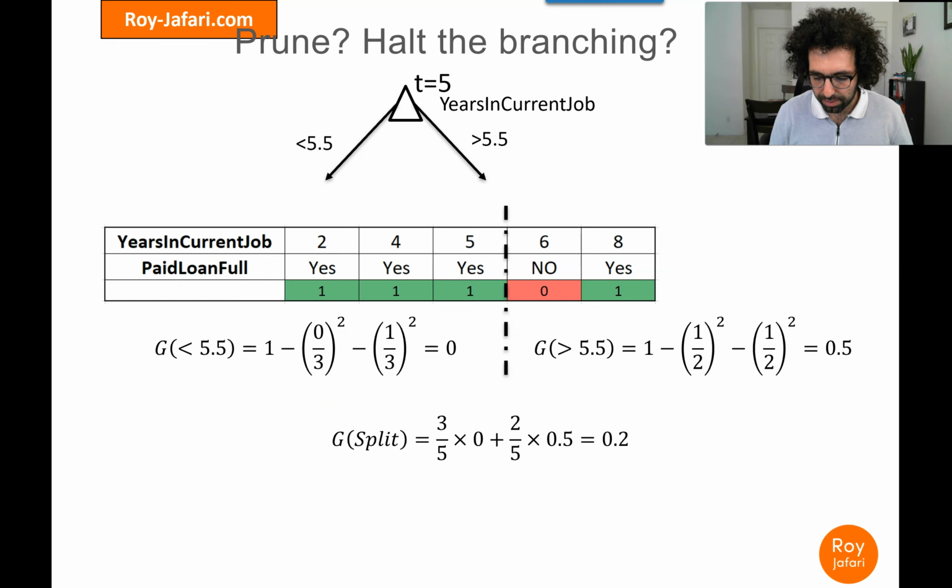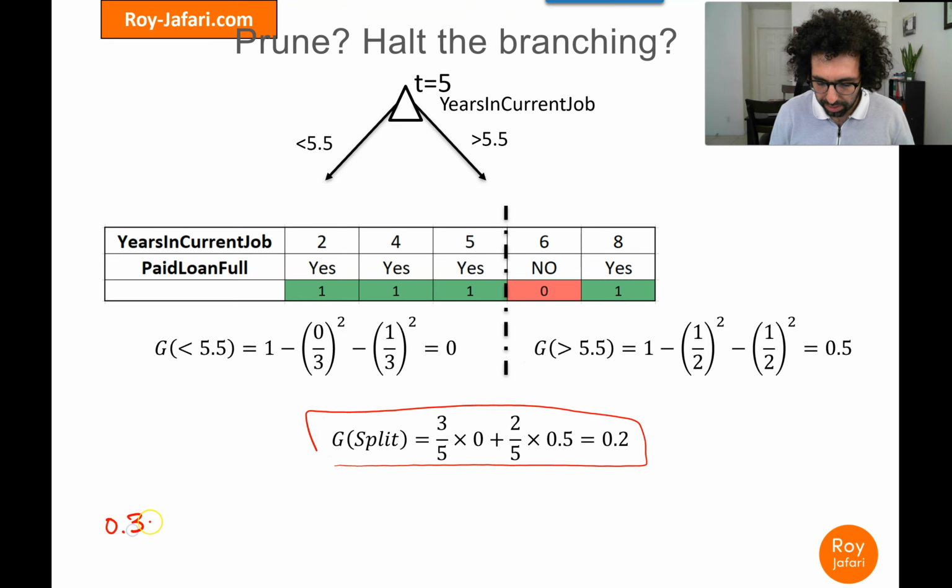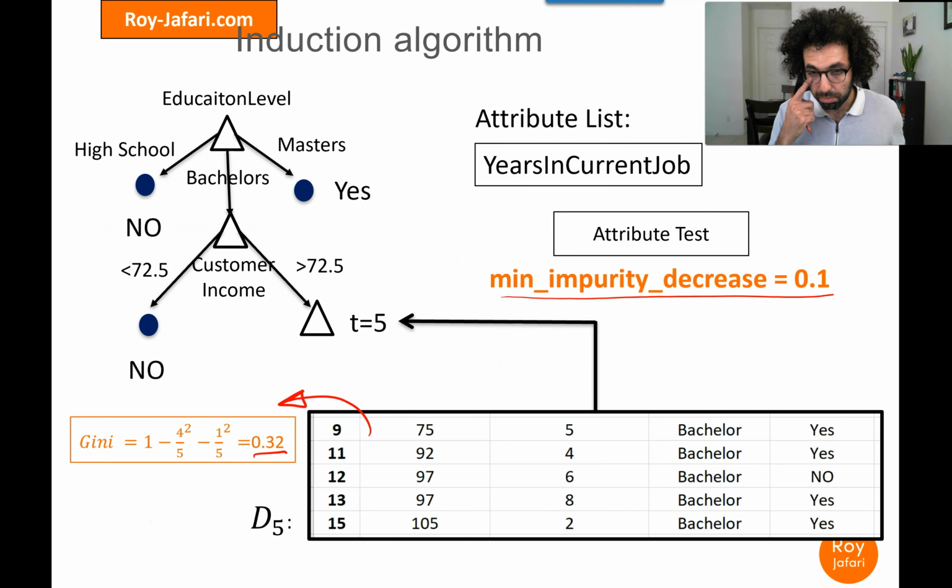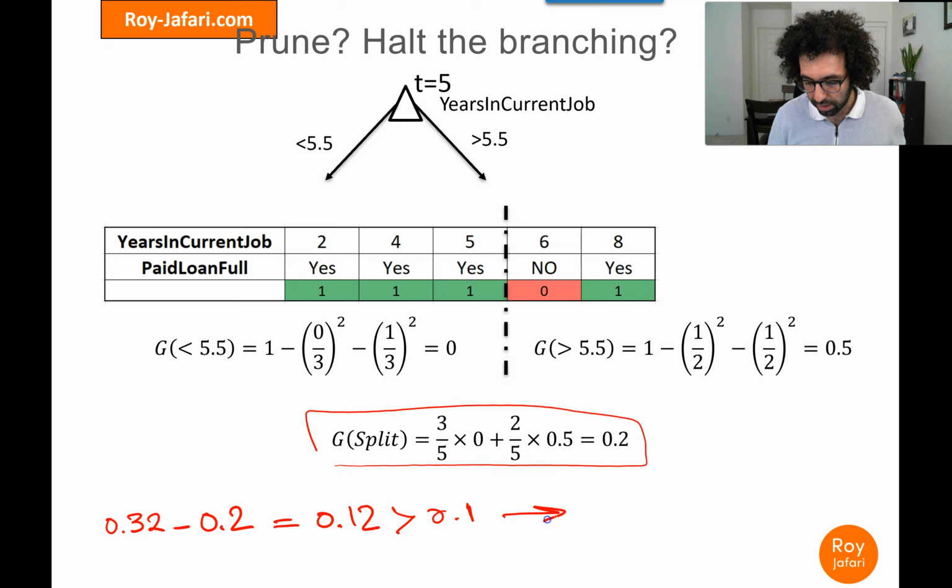If we were to split it like this, the Gini index of our split would be 0.2. So we move from 0.32 to 0.2, improving our impurity by 0.12. Since 0.12 is larger than 0.1, which was our minimum impurity decrease, we let this split happen.